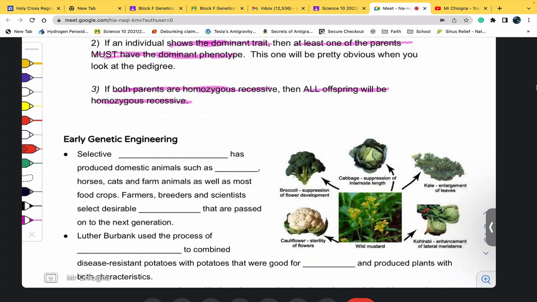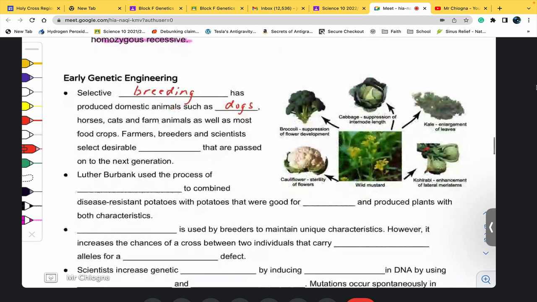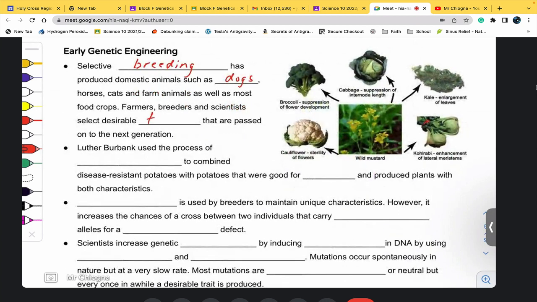Okay, so let's go on to where it says early genetic engineering. Selective breeding has produced domestic animals such as dogs, horses, cats, and farm animals, as well as most food crops. Farmers, breeders, and scientists select desirable traits that are passed on to the next generation.